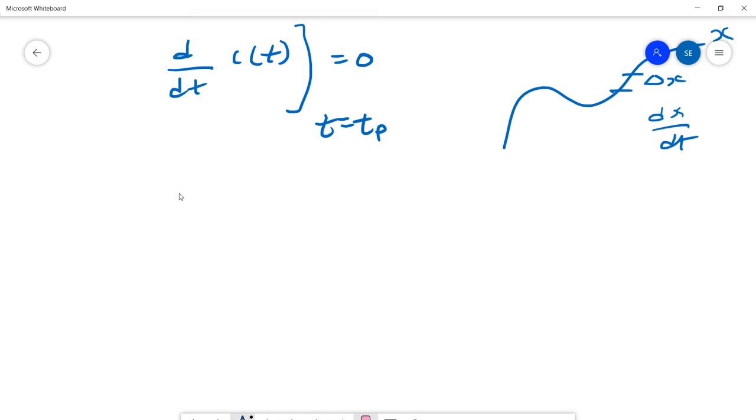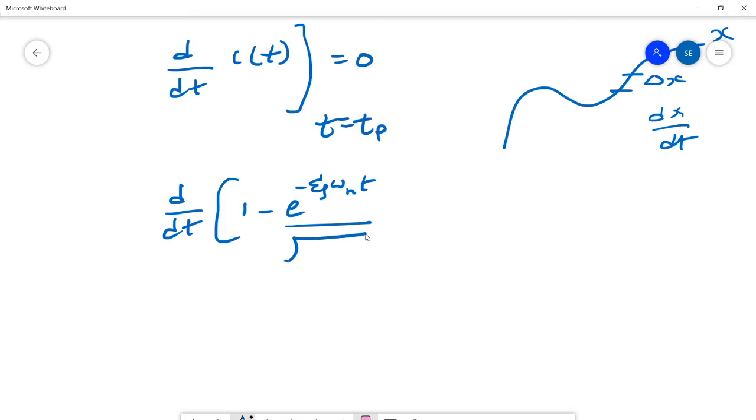Okay, so let us start the derivation. d by dt of, we know the C of t expression we have derived, 1 minus e power minus zeta omega n t divided by root of 1 minus zeta square, sine of omega d t plus phi. This is the expression for C of t.